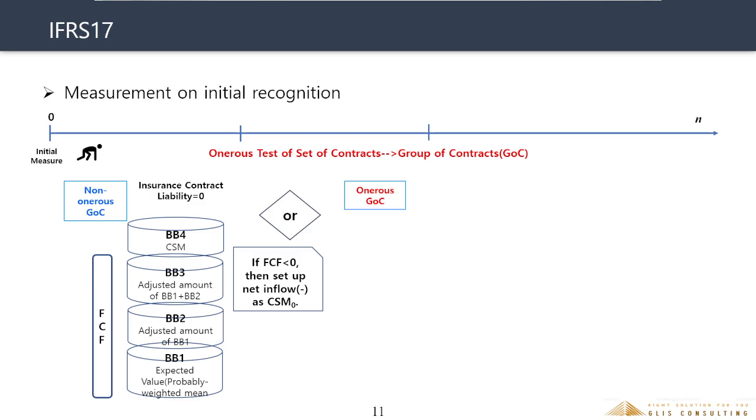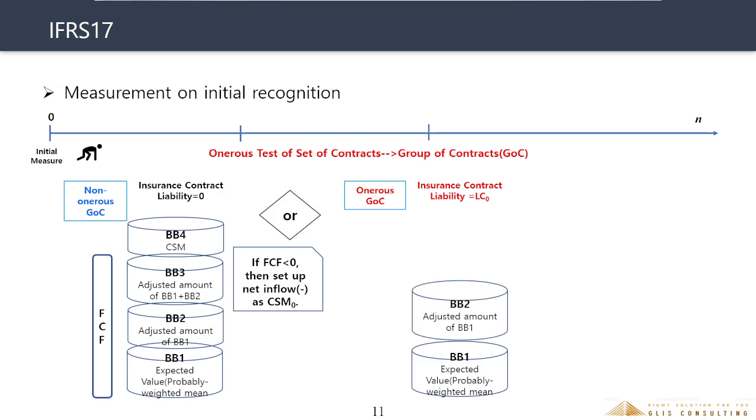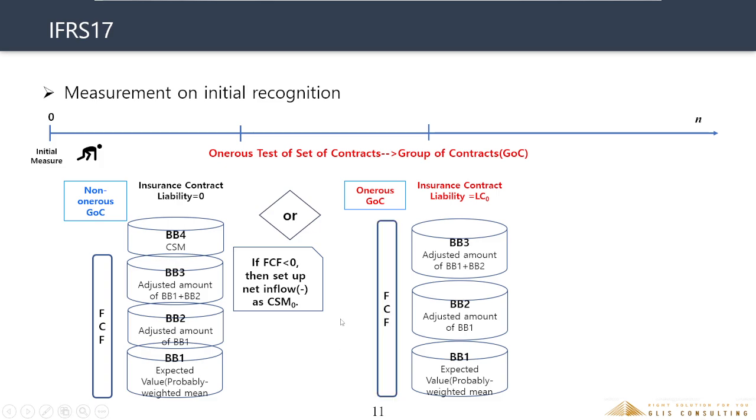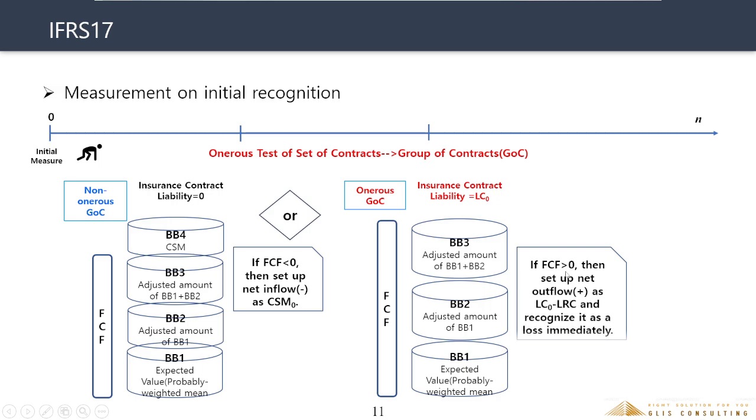Or in the case of an onerous group of contracts, let's say building block 1, building block 2, building block 3, and this fulfillment cash flow shows a net outflow, meaning bigger than zero, then this amount is going to be recognized as a loss immediately. It says immediately, meaning in the first reporting period, quarterly or annually, whatever.